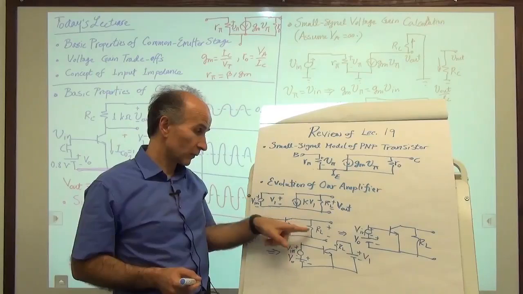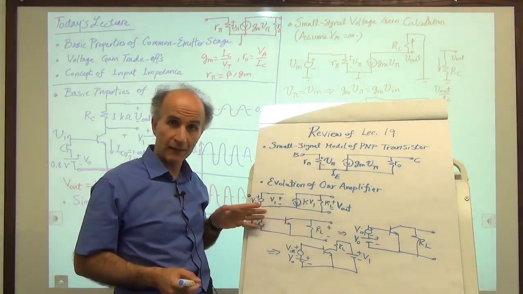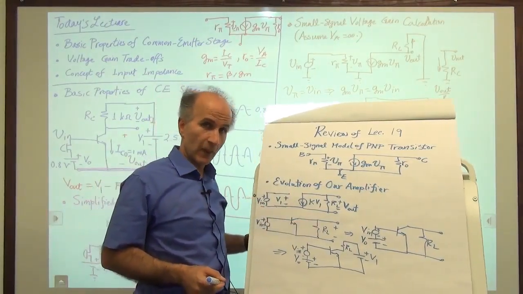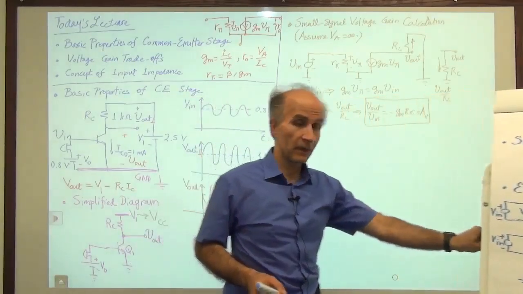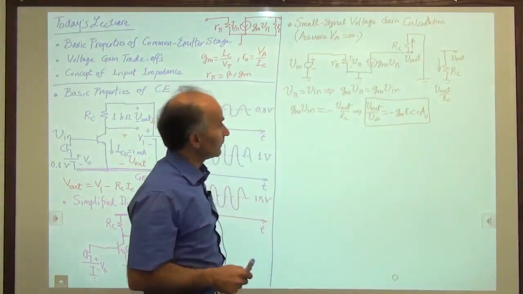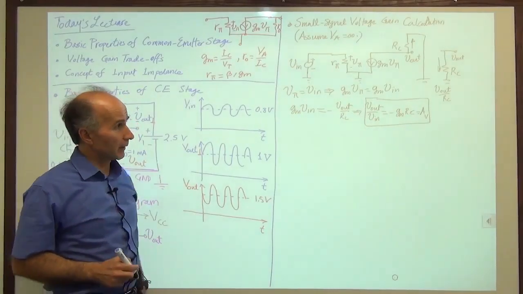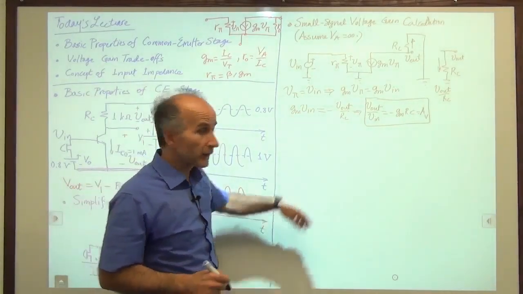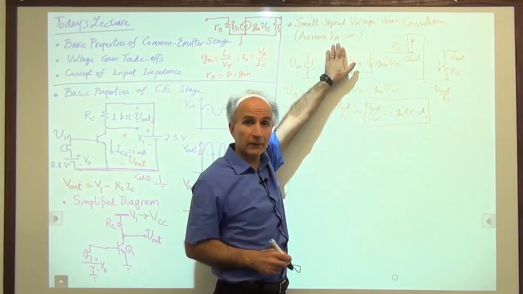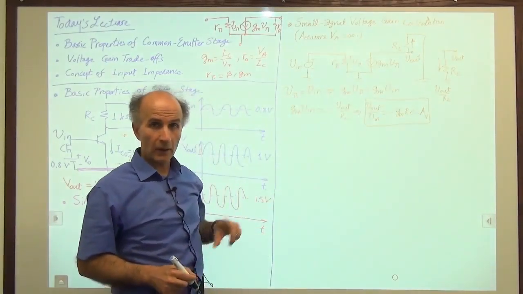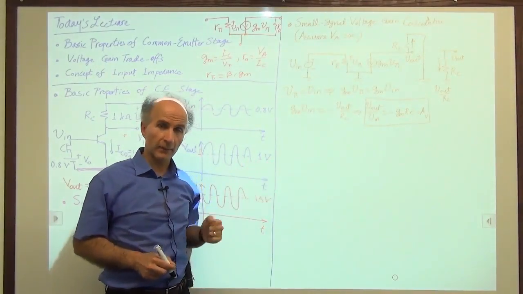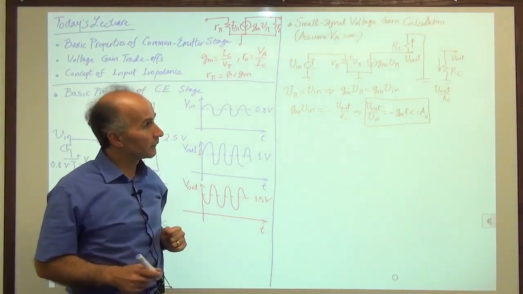If gm is 0, the voltage gain is 0. So the transistor is dead. We get nothing at the output. And this equation exactly tells us the same thing. All right, that is the voltage gain of the simple common emitter amplifier, provided that we have neglected the Early effect. A little while later, we will consider that. But for now, that's what we have.